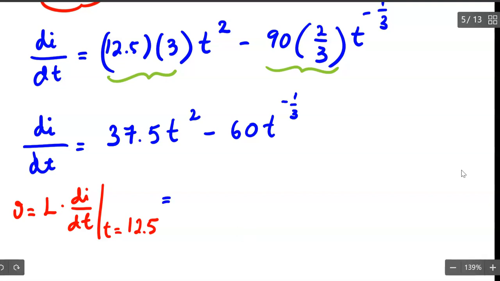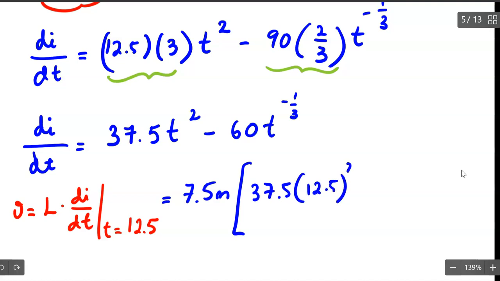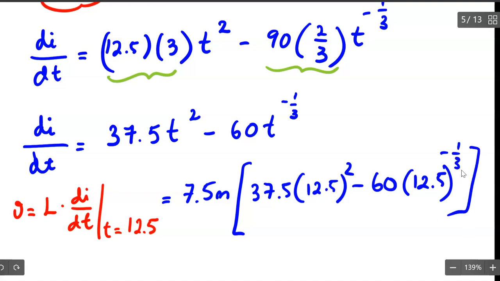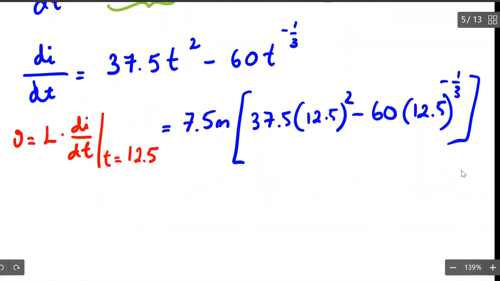So this is equal to, I will write 7.5 milli, and in the bracket I have 37.5 times 12.5 squared, subtract 60 times 12.5, all of this raised to the exponent negative 1/3. Okay, close this bracket. Okay, so what I'm going to give you is this number, 12.5 raised to the exponent negative 1/3.